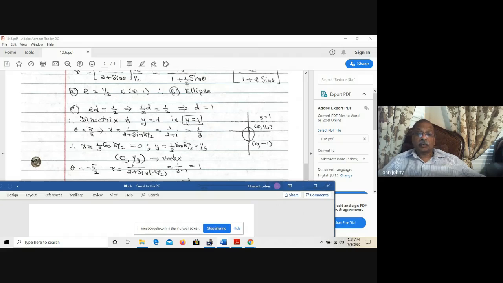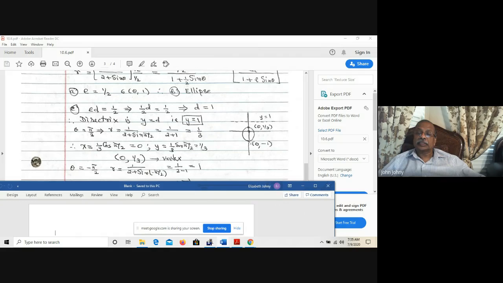Therefore a vertex is (0, 1/3), that is one of them. For the other vertex, you set theta equal to negative pi over 2, or 3 pi over 2. You set theta equal to pi over 2 to find one vertex, and theta equal to negative pi over 2 to find the other.